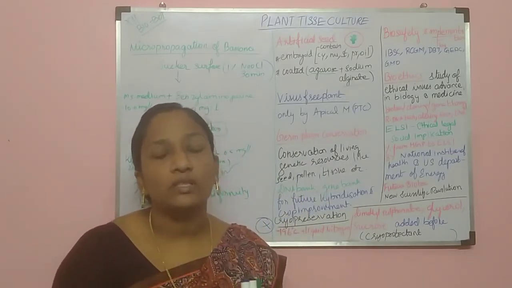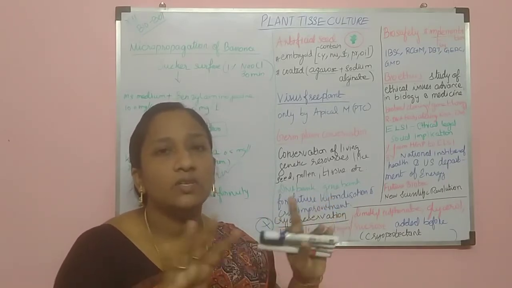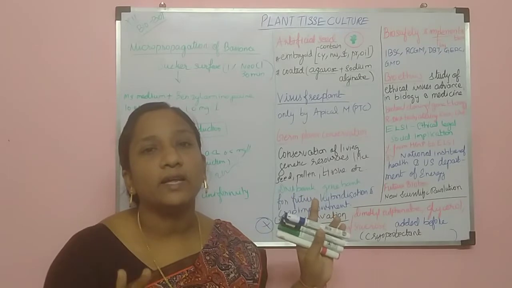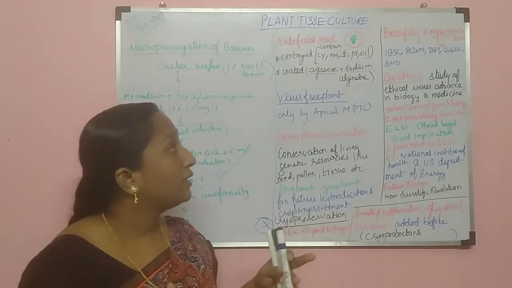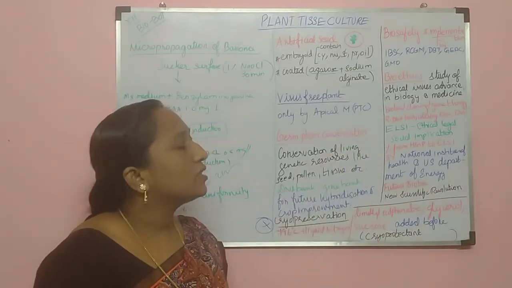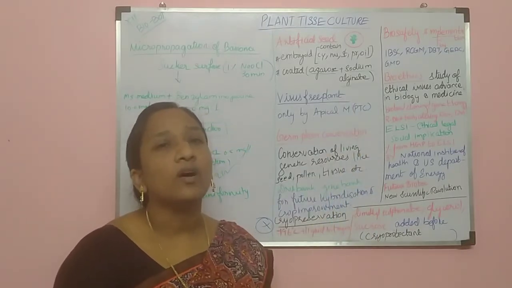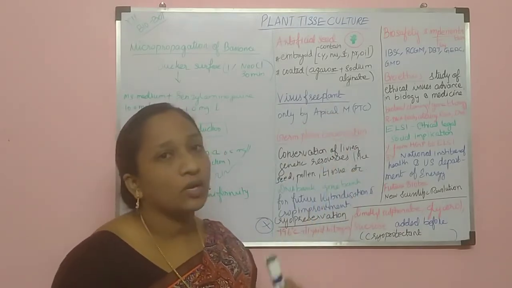They will suddenly come and check whether biosafety is followed by the lab or organization, and they can also give permission. All of that is done by them. So that is called biosafety. You can go to the applications and uses in your book and refer to them.